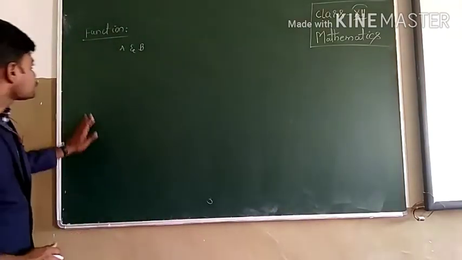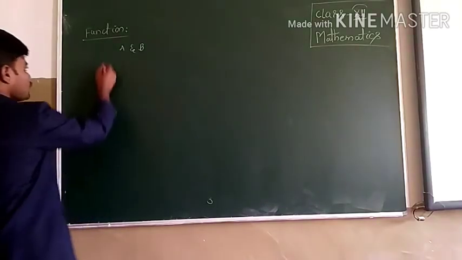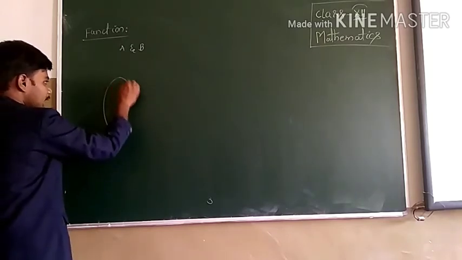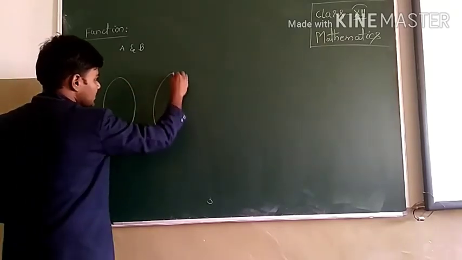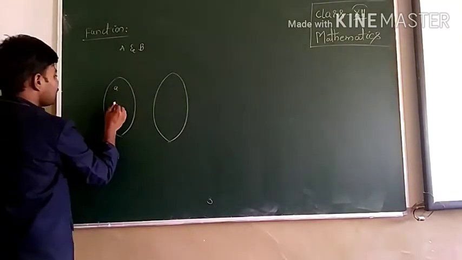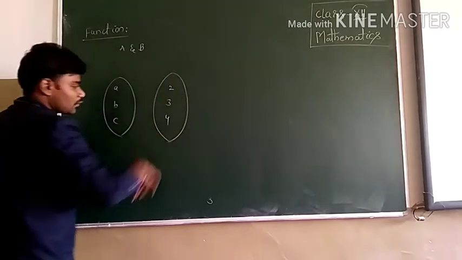So here, let's see the example, you will understand. A function is defined like this: it is A, it is B, a mapping diagram. A is 2, 3 and 4.